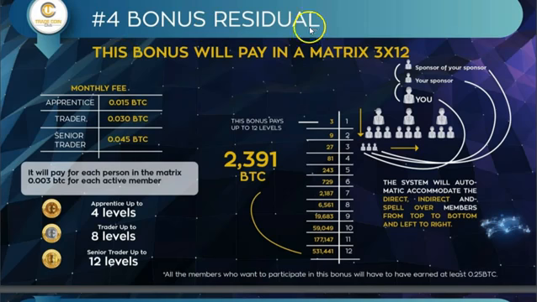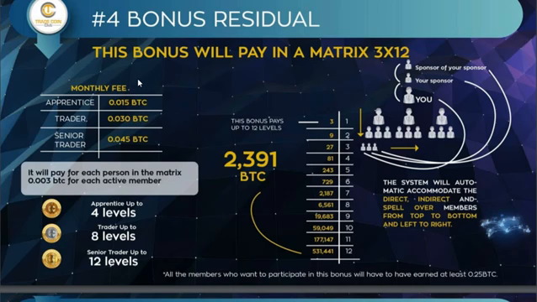Now, this bonus pays in a 3x12 matrix. So basically, once you get to this point where you're getting bonus residual, there is a monthly fee, but you don't have to worry about that monthly fee, because the company will not take a monthly fee from you until you have already earned enough to cover it.